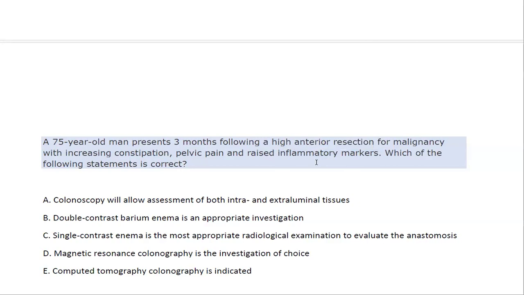This is one of the complex questions coming in the exam. They give you the clinical scenario first to give you the opportunity to think about the disease, then the pathology, then you choose the next step or the modality of choice depending on your analysis of the scenario.